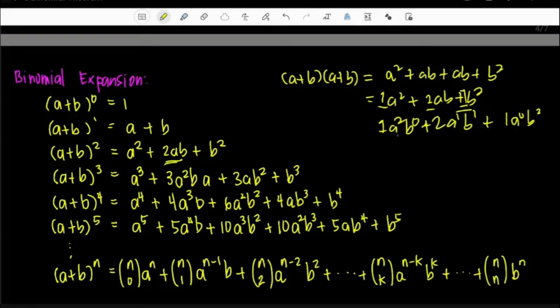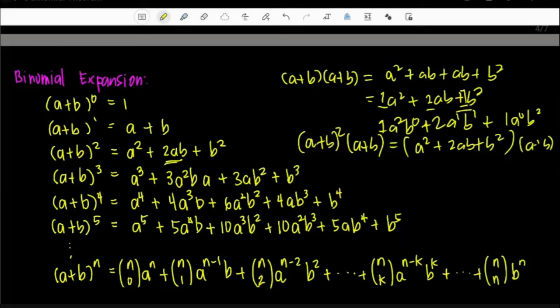Sa baligtaran, yung power ng b starts from 0, and then 1, and then 2. And then we try to compute again a plus b cubed, pero syempre that's just a plus b squared times a plus b.